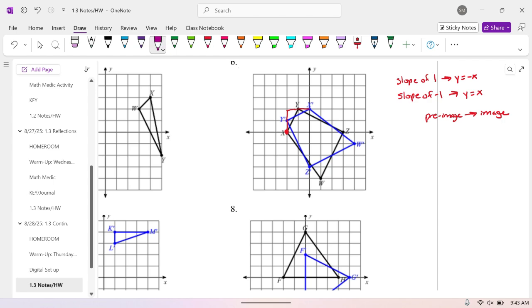All right, don't always go off the first one, always do at least 2. So I'm going to do from y. So I'm going to go to the left one and then down 1. So -1 over -1, what's the slope? 1. So I'm assuming that I'm reflecting over the line y equals negative x.